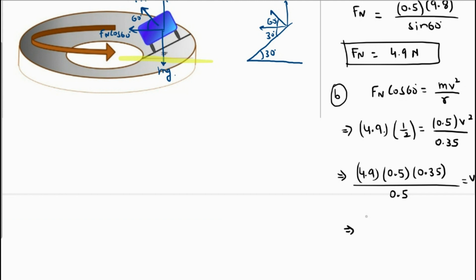Times 0.35 over 0.5, and the square root of this value, because we have to take the square root of both sides eventually to get the value of v. So I'm getting 1.31 equal to v, which means that the tangential velocity is 1.31 meters per second, which is the answer to part B.